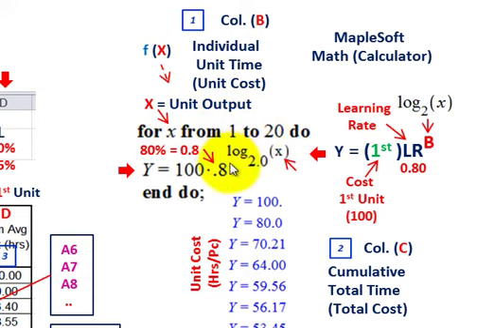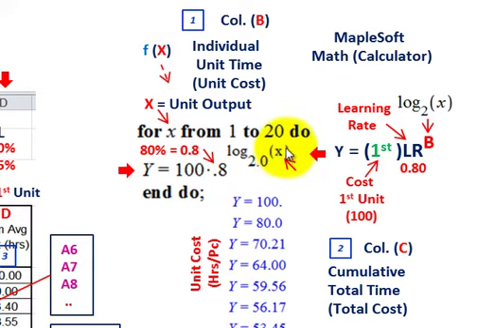So you raise this 0.8, or your learning rate, with a little caret, to the log base 2 of whatever unit you're working with, from 1 to 20. Okay, so you understand what that is, if you were calculating your individual unit time, your unit cost, by putting it into your calculator in those terms.